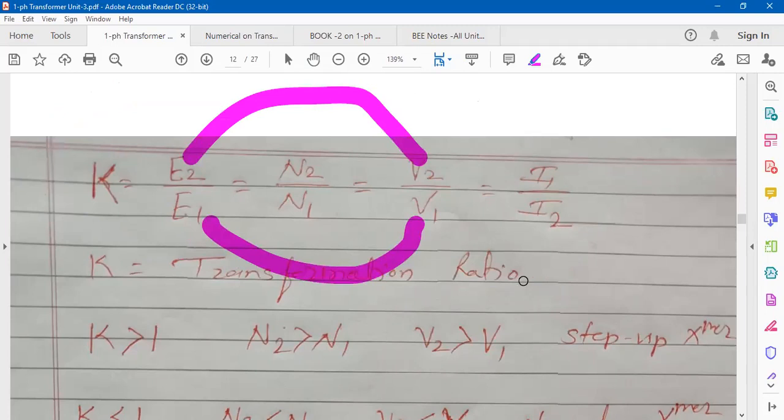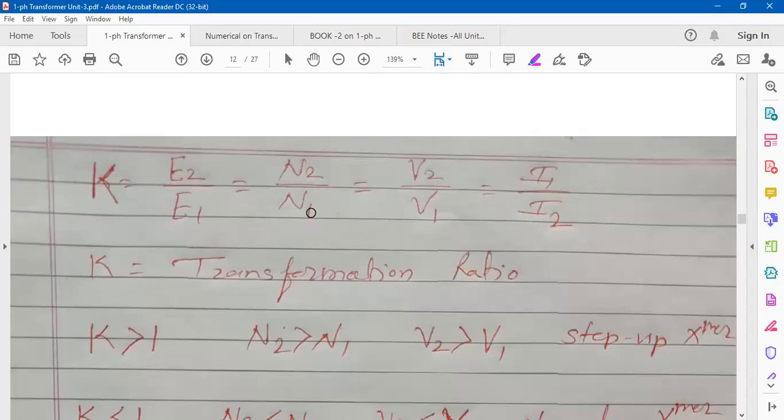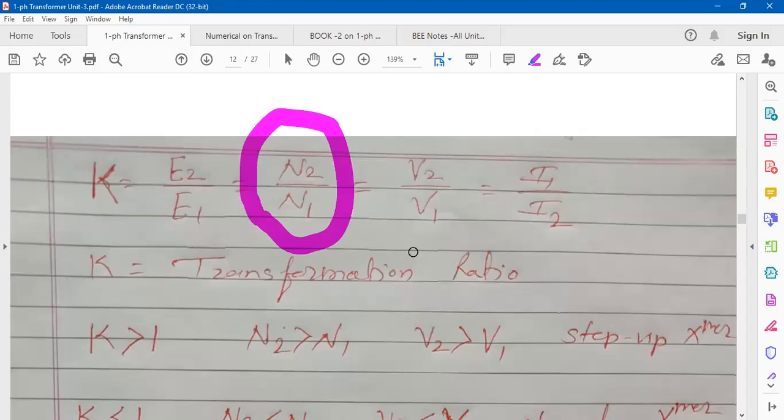Okay. Now here you can see, suppose it's a step up transformer, then N2 will be more or N1 will be more, or V2 will be more or V1 will be more for step up transformer. Which one will be more?